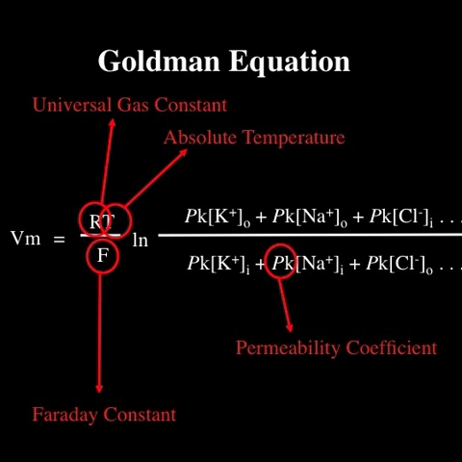Then we've got sodium, and then we've got chloride. One thing to notice with chloride is that all of the positively charged ions are outside over inside. But because chloride is negatively charged, it's inside over outside. It just flips over.